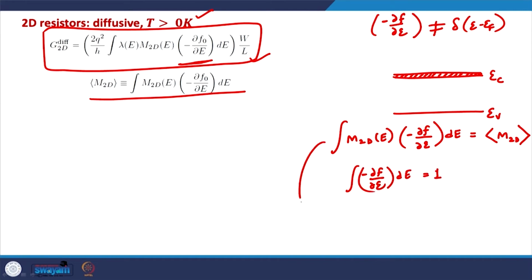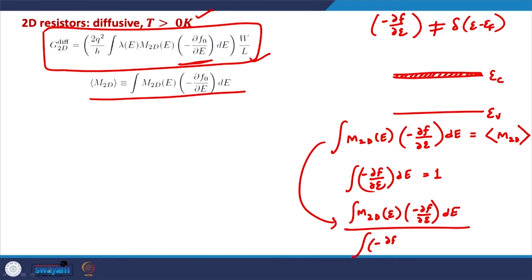So, this can be written as the integral of m2d E minus del f by del E dE divided by the integral of minus del f by del E dE, because this denominator is anyway 1.